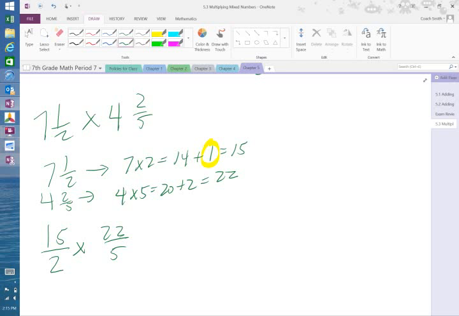Gabby? Do you always change it into an improper fraction when you're dealing with, as long as it's a mixed number. If I would have had this, 7 1/2 times, let's say, 3 over 5, well, you only change the 7 1/2 to 15 over 2 times 3 over 5, and you go from there.